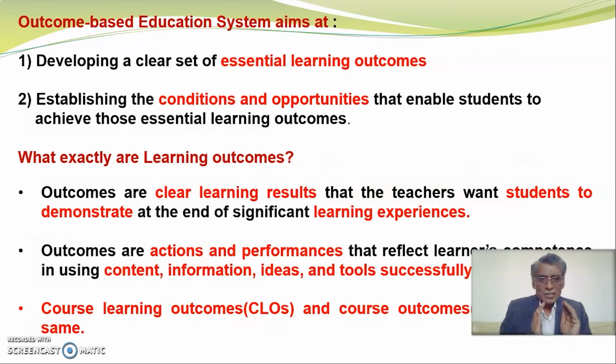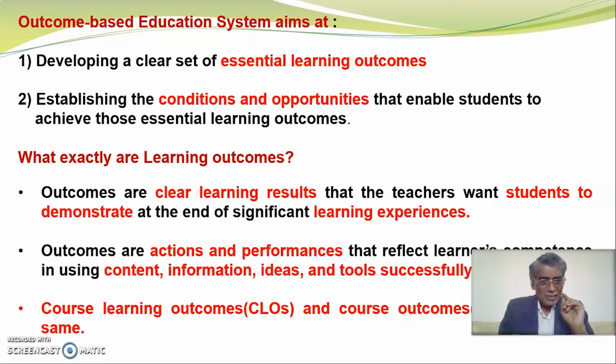Outcome-based education system aims at developing a clear set of essential learning outcomes and establishing the conditions and opportunities that enable students to achieve those essential learning outcomes. Now, what exactly are the learning outcomes?